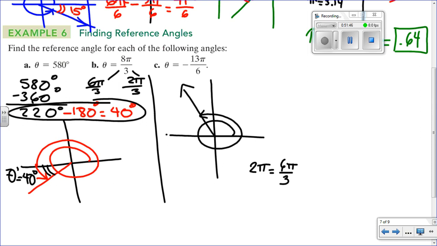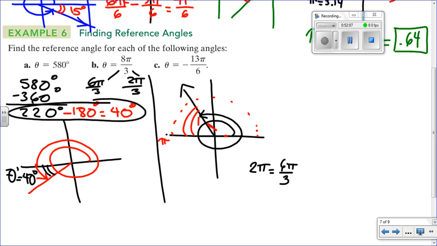So there's our angle. So the reference angle would just be 2 pi over 3? I don't think so. Because the 2 pi over 3 is from here to here. Okay? But think about it. What is it from here to here?